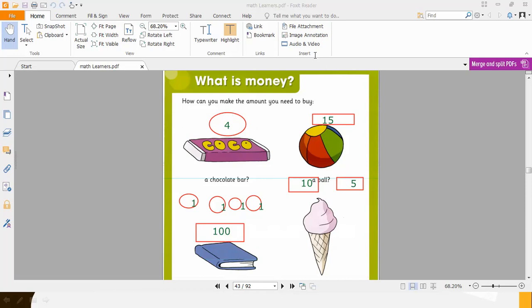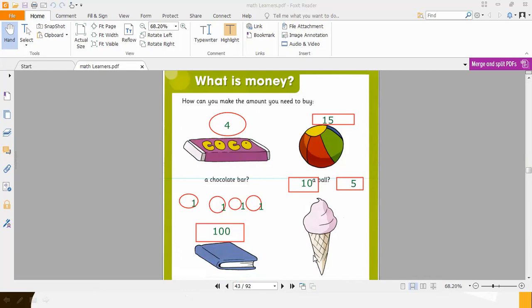We should have two notes of 50. So 50 plus 50 equals 100.